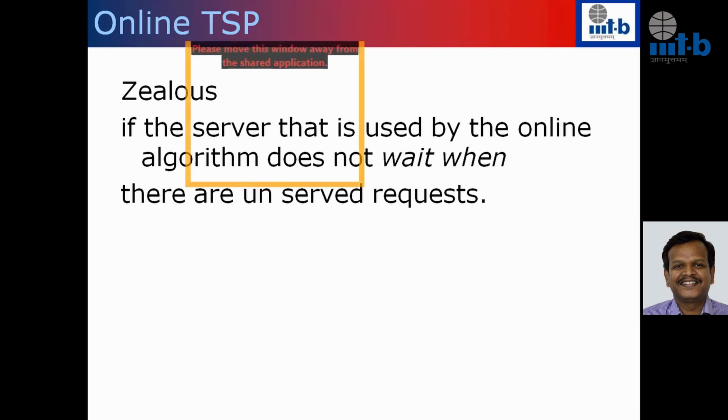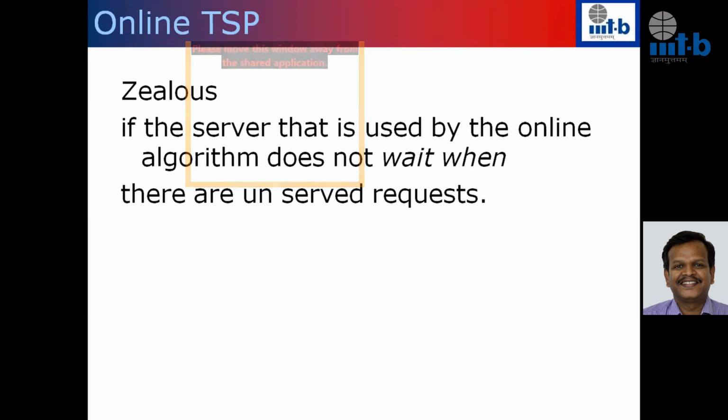So in order to ensure that it's a zealous algorithm in the true sense, you have to continue to travel in the same direction. If you are traveling in the clockwise direction, you need to continue in the clockwise direction until you serve a request or a new request comes.